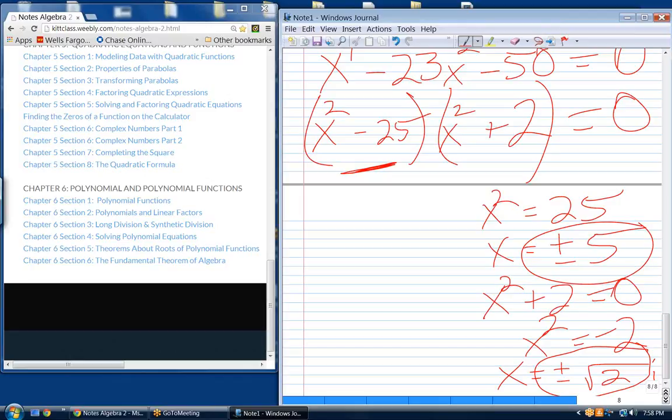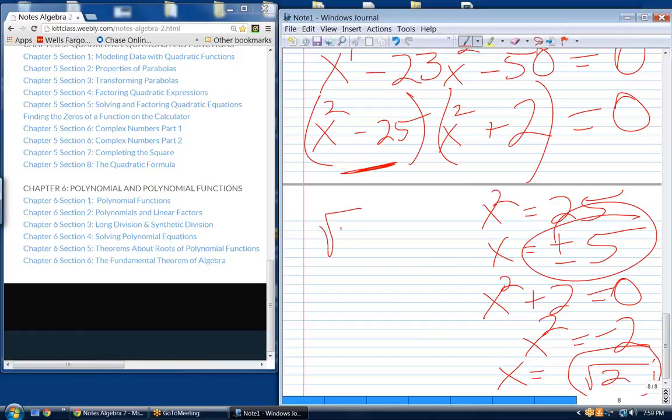Okay. And always look for the number of solutions that you're looking for. Because if you do that, you won't make the mistake of omitting a plus or minus sign. In other words, if you forgot to put that one on there, it would look like we only had 3 solutions. We got plus or minus 5 and we got root 2I. But root 2I doesn't look right because imaginary solutions always come in pairs.